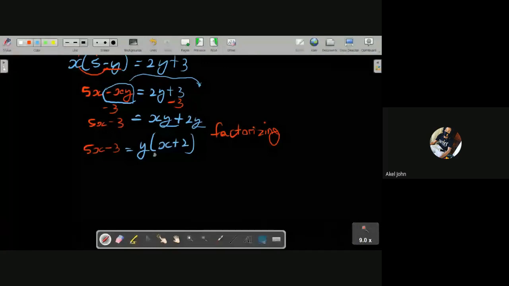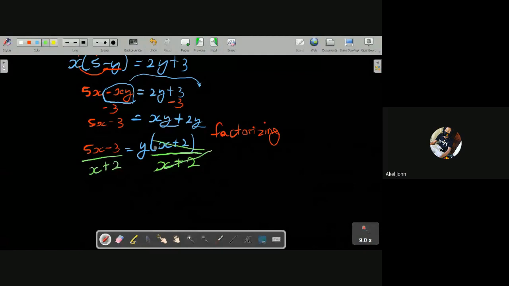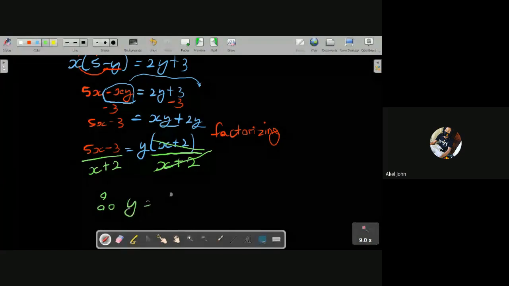Now we need to get rid of the x plus 2, so we need to divide on both sides by x plus 2. These two would cancel out. Therefore, we would have y is equal to 5x minus 3 over x plus 2.